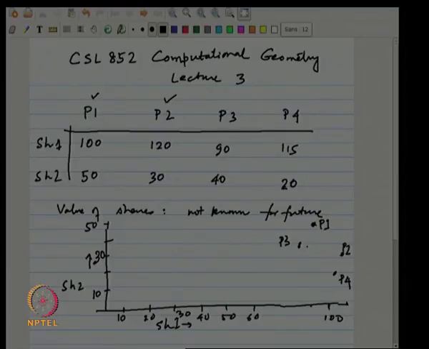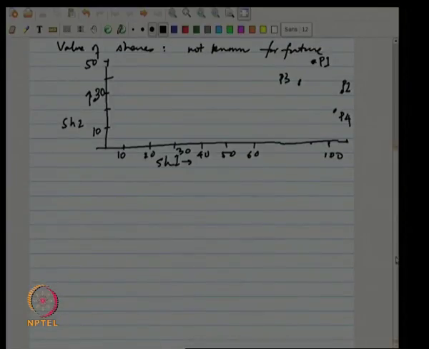Now, geometrically, what is happening is if you look at P1 and P3, both coordinates of P3 are smaller than P1, and both coordinates of P4 are smaller than P2. So, this relation where both coordinates are smaller, we have a name for it. We say it dominates.